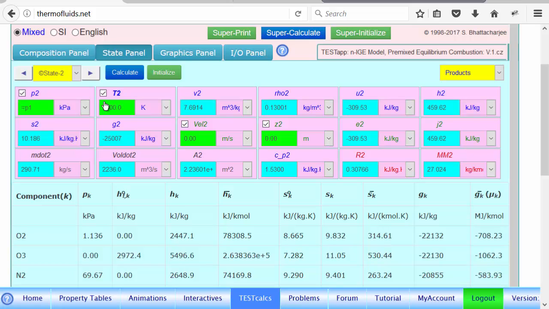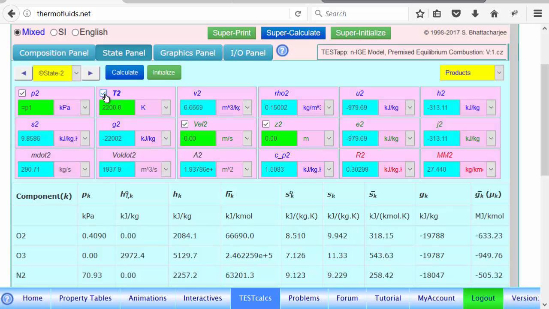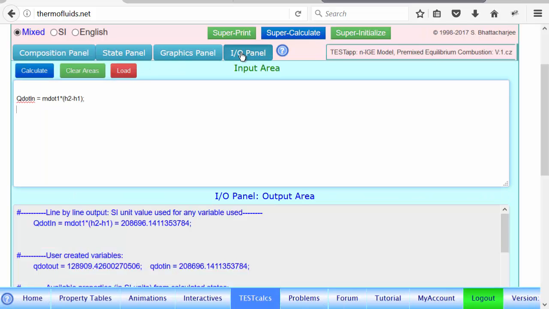So let's guess 2200. Calculate the product's composition, go back to the I/O panel, and notice now if I calculate, this number is a little bit smaller, but still negative. So we have to guess again.